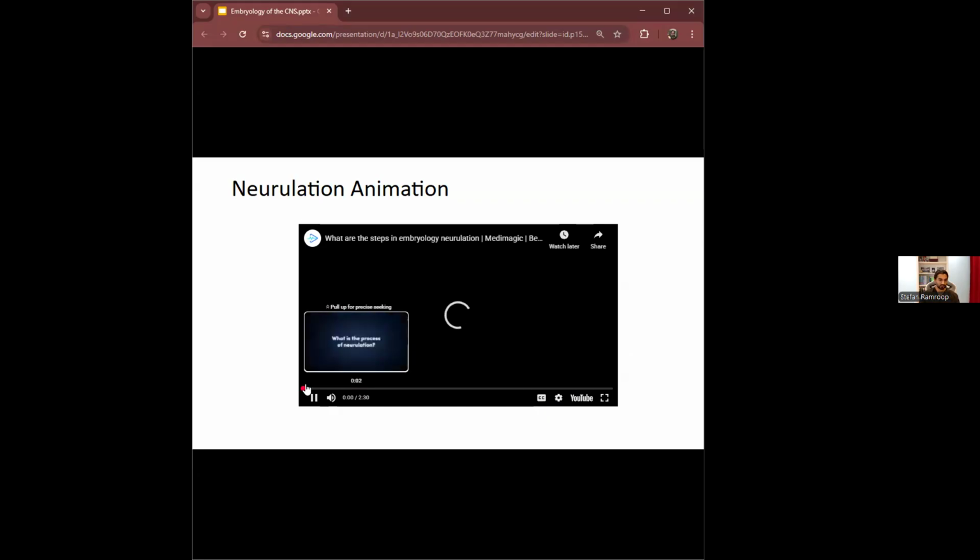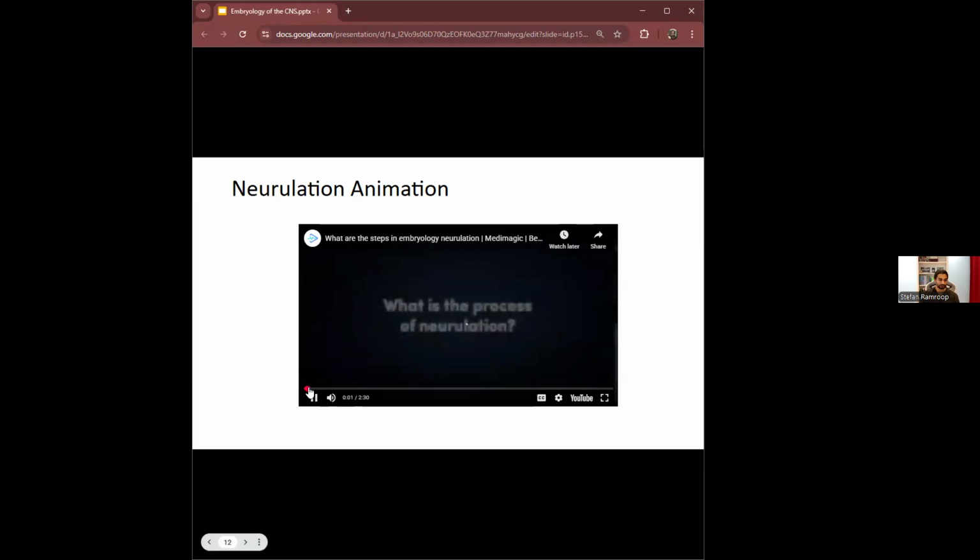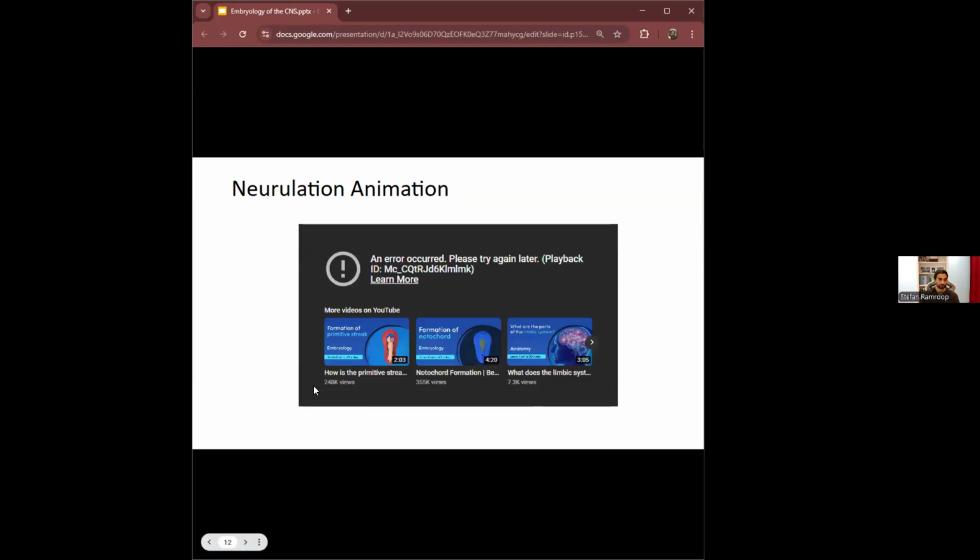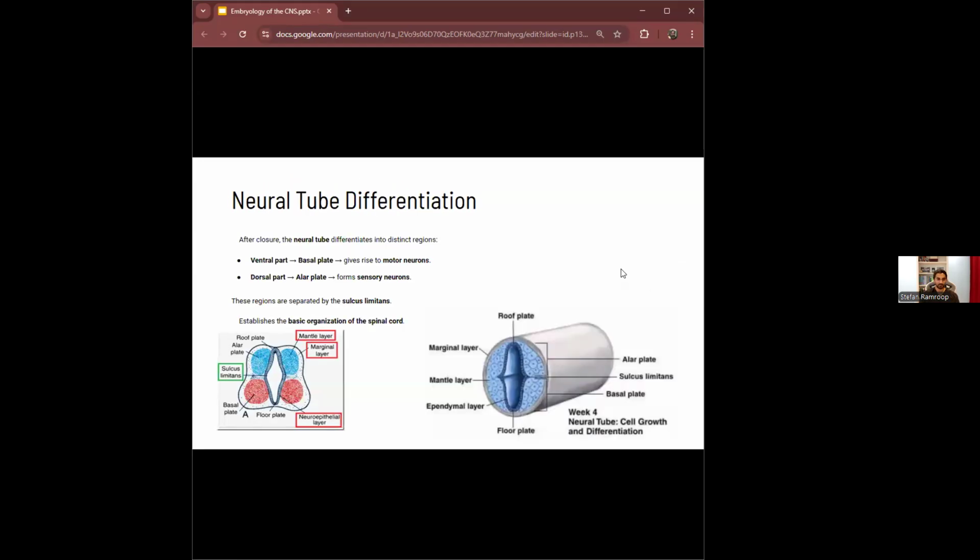Okay, so I don't think this video is playing. Yeah, well, I'll forward the video to the group later after the presentation. But essentially, it will just show the folding over and closure of the neural plate to form a neural tube.